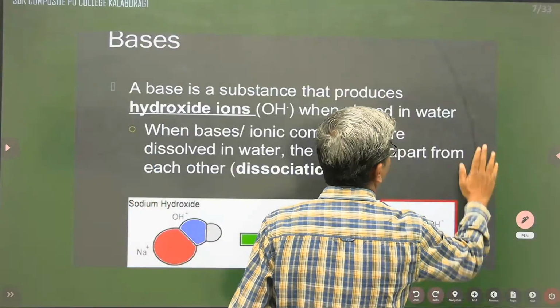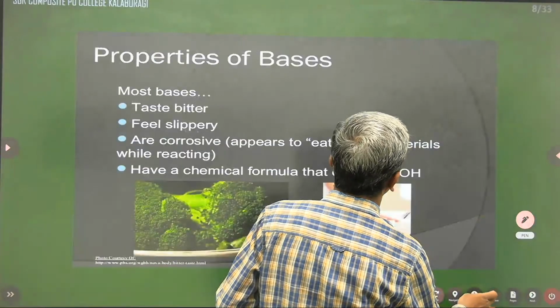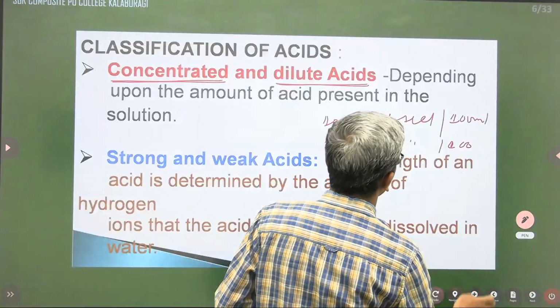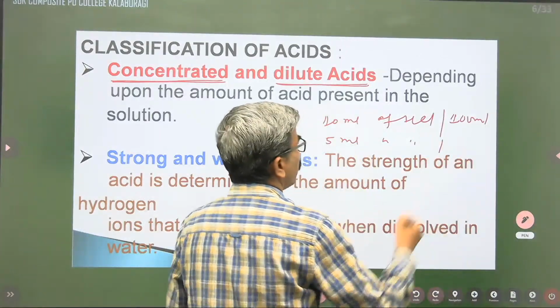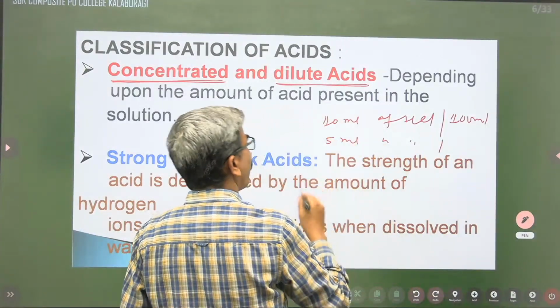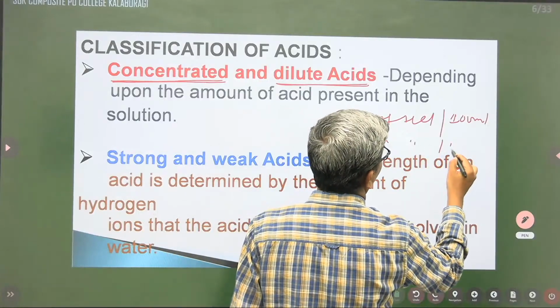Suppose I am writing this: this is 10 ml, and this is going to be 5 ml in the same 100 ml.